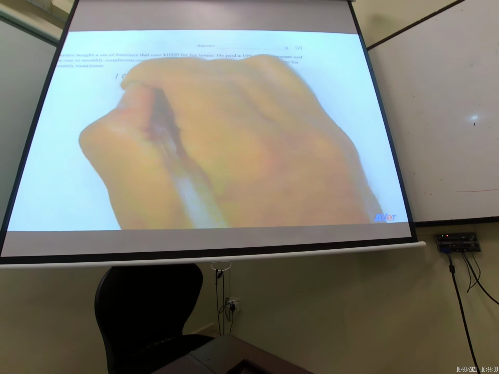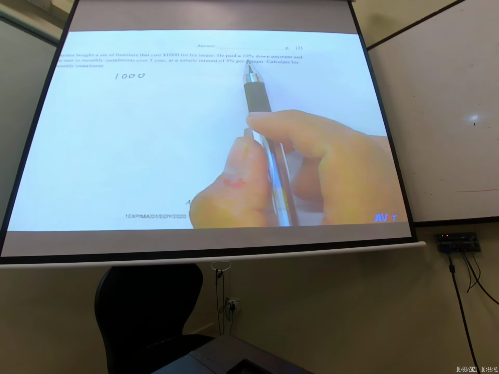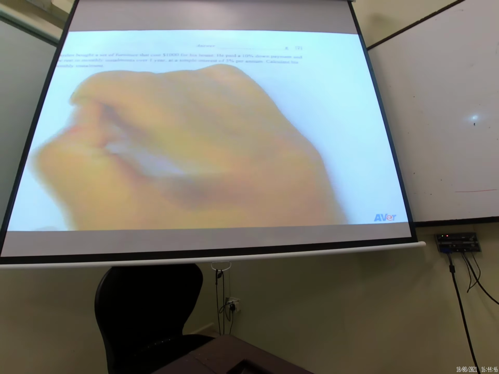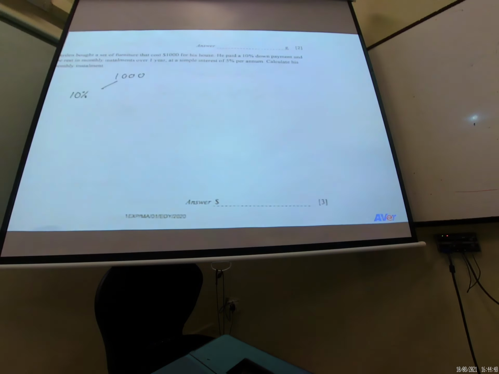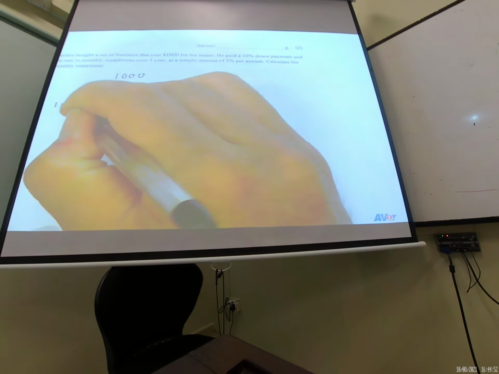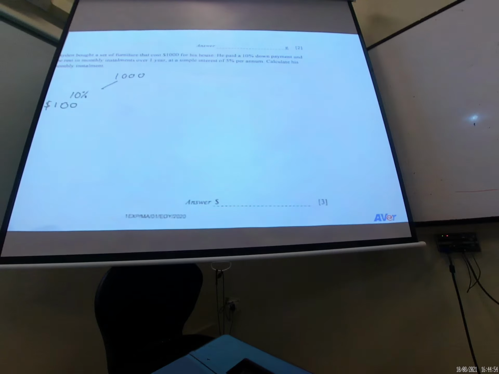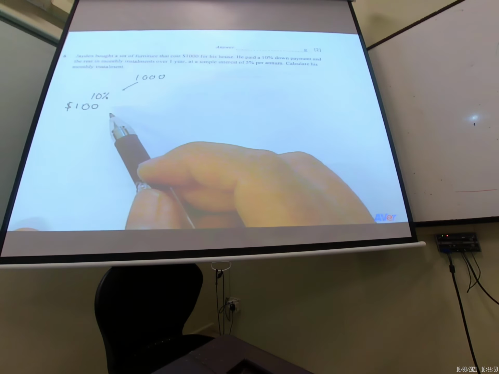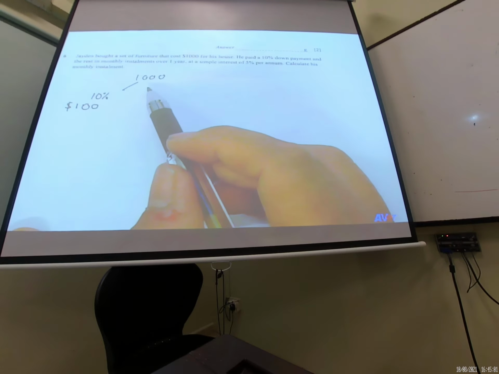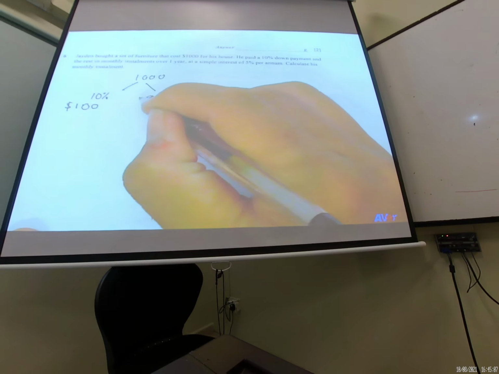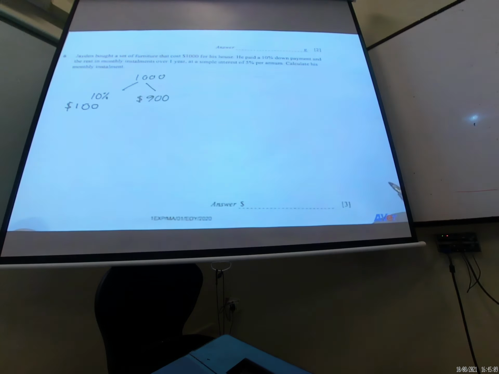Out of this $1,000, he paid 10% down payment. 10% of 1,000 is $100. So after he paid $100, he still owes $900.